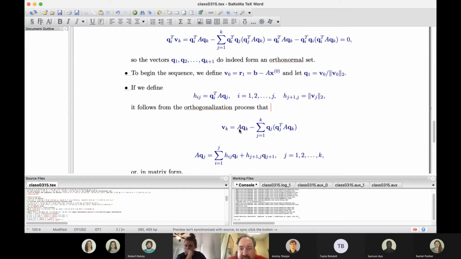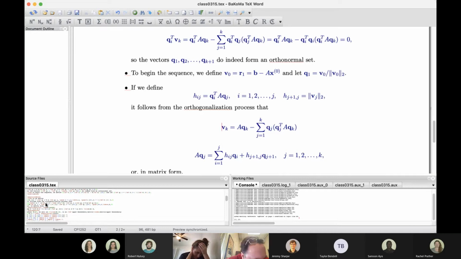This is literally copied from above, the Gram-Schmidt orthogonalization. But I want to change the indices. So wherever I have k, I need to make that j, and then j I need to make i. So I'll make a quick notation change.